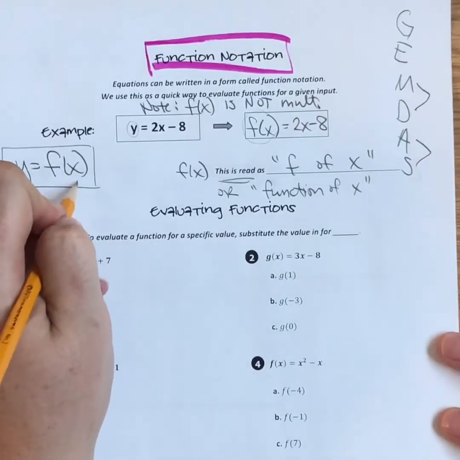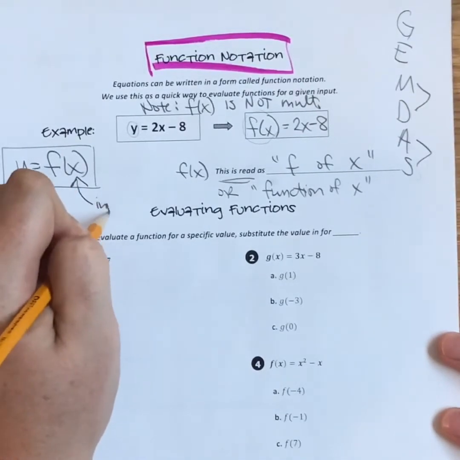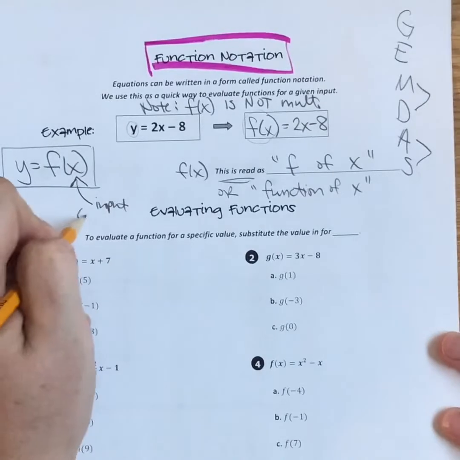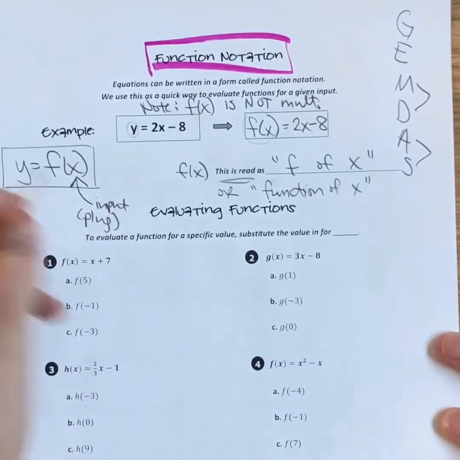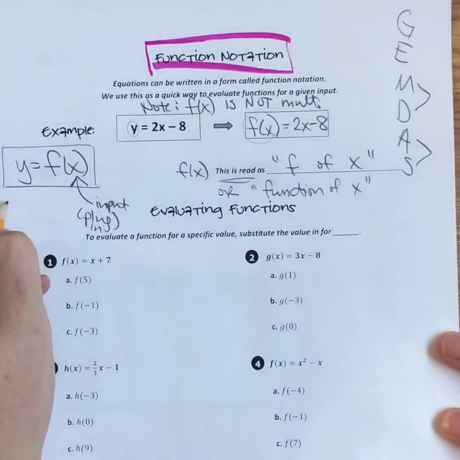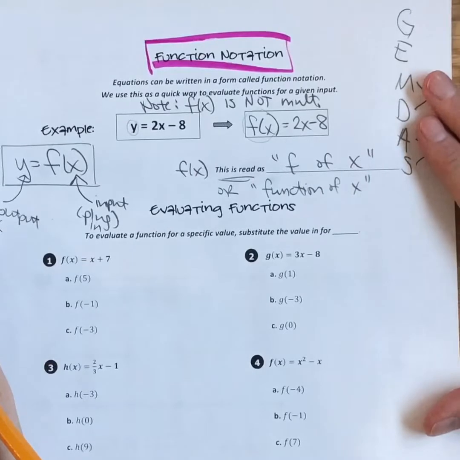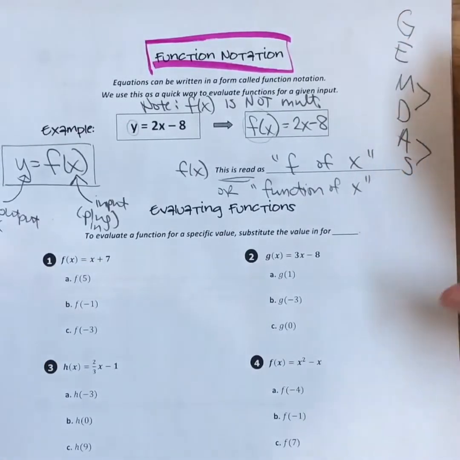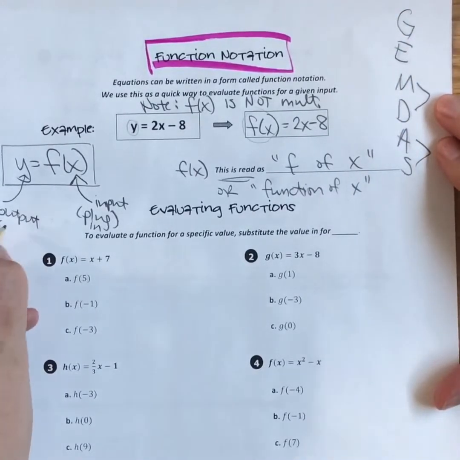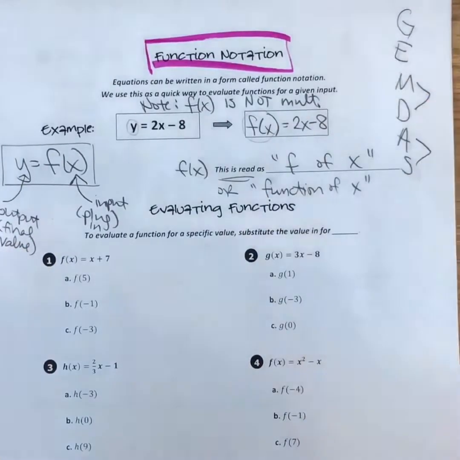And the x is actually the input that we're going to plug in, okay? And then the y is the output. So in other words, it's the answer we get after we use the order of operations. So we're going to say it's the final value, okay?